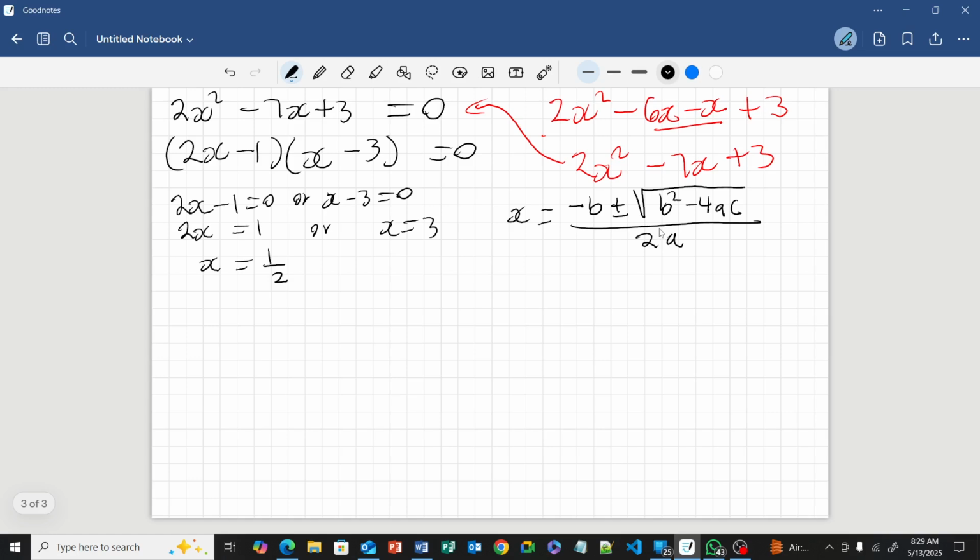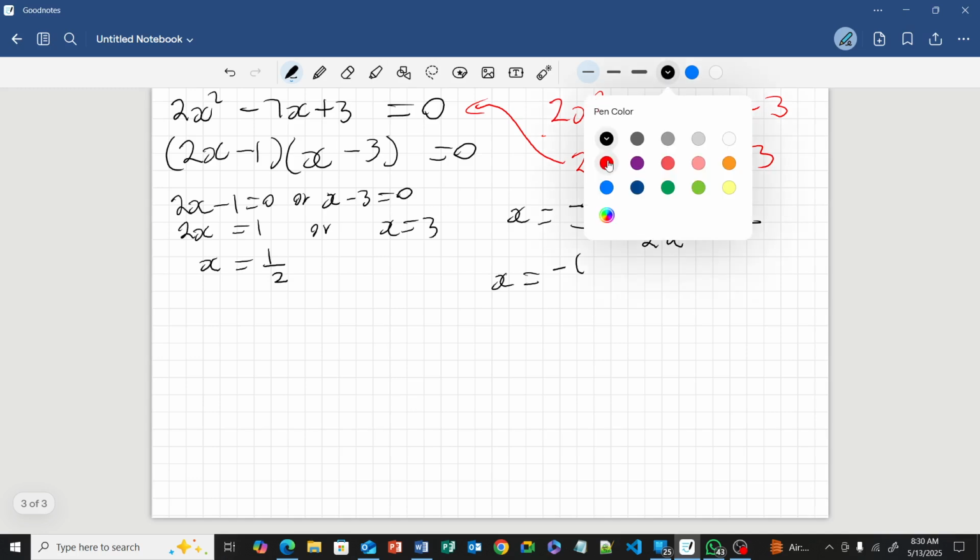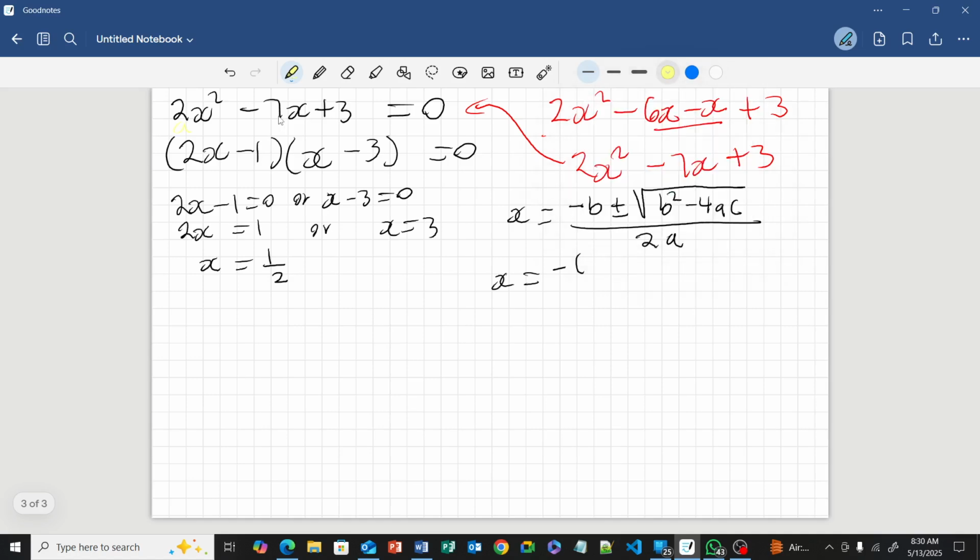Okay, let us substitute into our quadratic formula. So the value of x will be equal to minus the value of b. So we go to that equation and then we check. Okay, this is my a, this is my b, this is my c. All the numbers go with the sign before them.